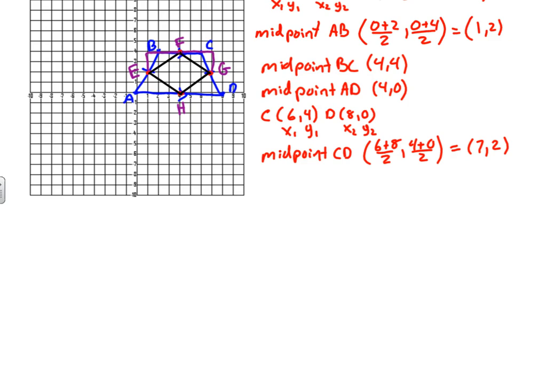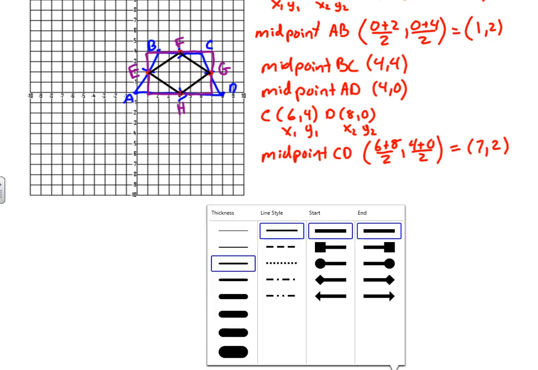Then here I've got 2 and 3, and here I've got 2 and 3. All of those have the same change in y and change in x. Now some are positive and some are negative. What that leads me to think is it's likely that this is a rhombus, meaning all 4 sides are congruent.